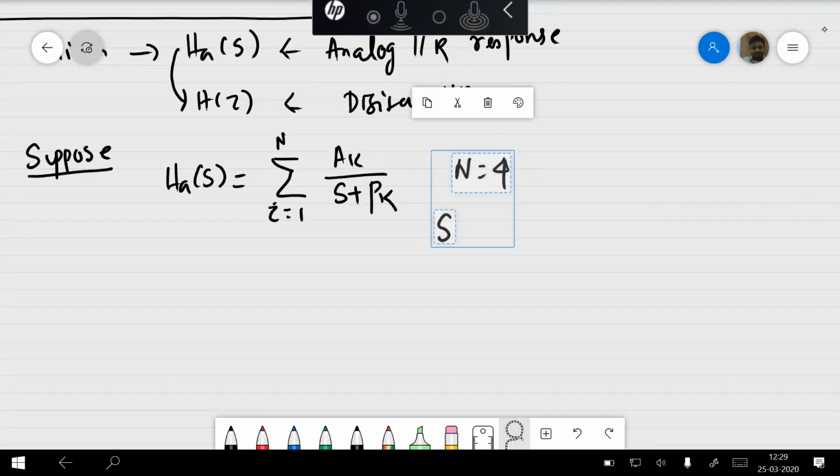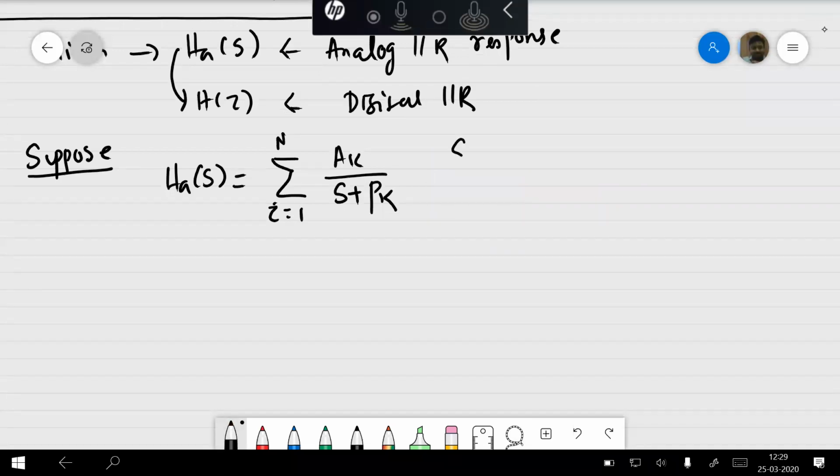Let me delete this one. Suppose in this particular case s is equal to minus pk. What will be the location of this pole, whether it is left side or right side? Yes, it's left.